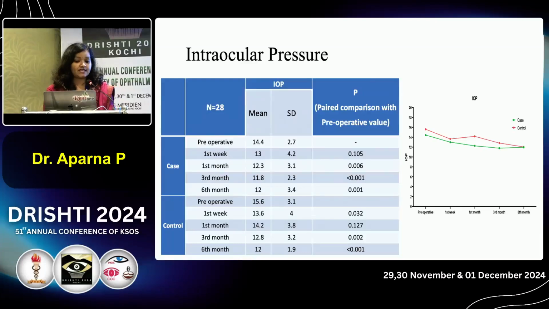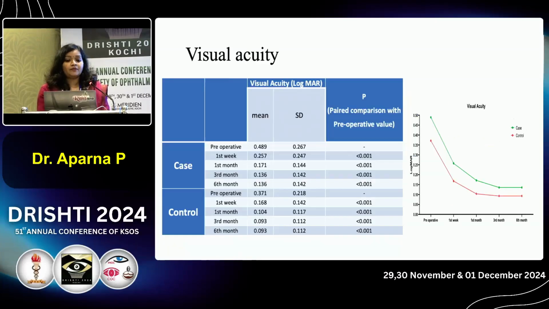This table shows the change of intraocular pressure. The mean preoperative intraocular pressure was 14.4 plus or minus 2.7 millimeter of mercury, which was reduced to 12 plus or minus 3.4 at 6 months postoperatively among the case group. This table shows the change of visual acuity.